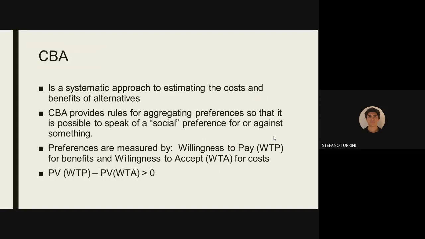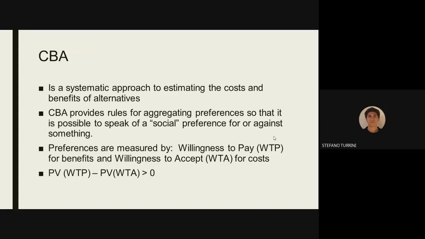The CBA theory has been developed mostly over the past 50 years, and is based on the notion of human preferences. We can define the CBA as a systematic approach to estimate the costs and the benefits of alternatives. The CBA also provides rules for aggregating preferences, so it's possible to speak of a social preference for or against something. How is it possible to measure those preferences?